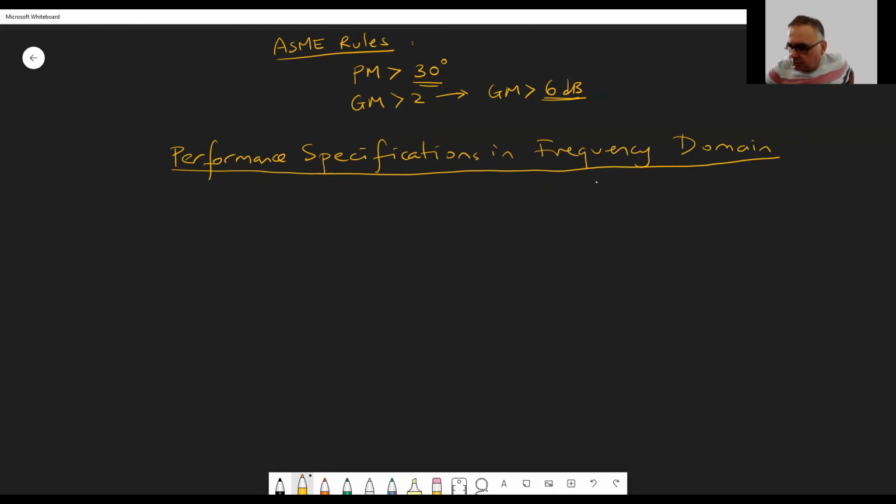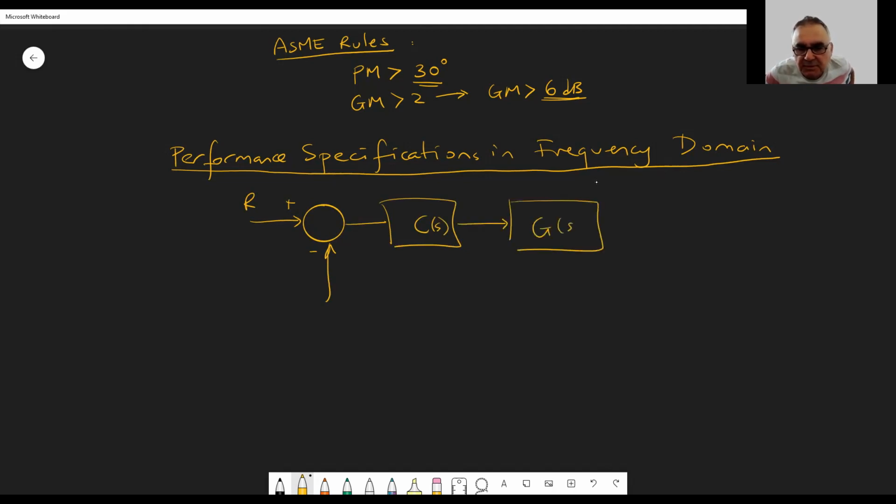If you have a control system, again, a closed loop system like this one, say R, minus, controller C of S, plant is G of S, and output is Y of S, and you have feedback.